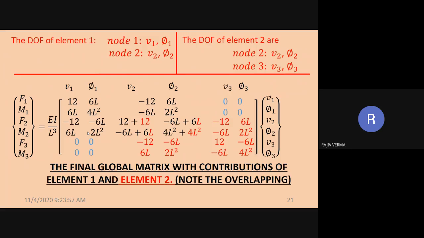And once we get the global stiffness matrix, the next step is the substitution of the boundary conditions to get the solution. At this point, it is worth mentioning that the global stiffness matrix is going to be a singular matrix, because we have already discussed previously that all the matrices which we get are going to be singular unless we have some boundary conditions imposed on them.